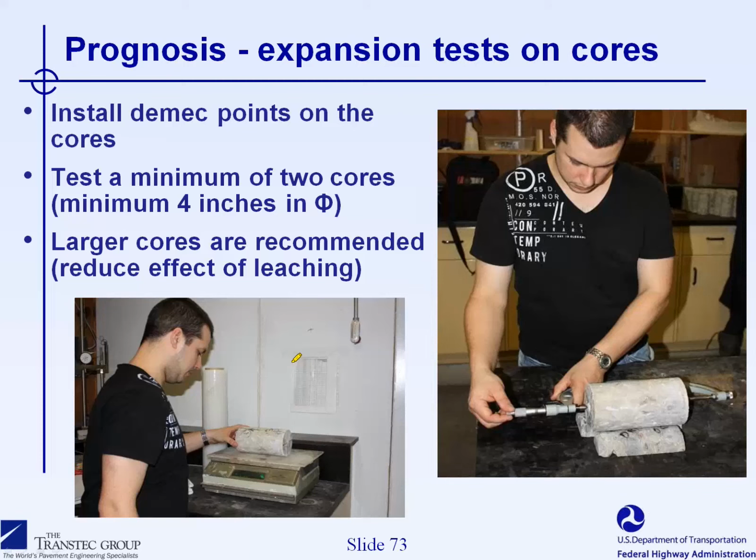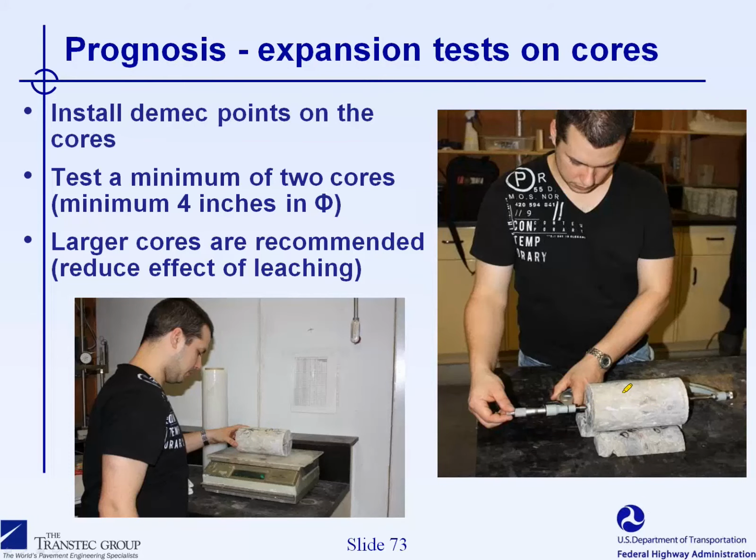A tool that is also being used in different labs for evaluating the potential for future deterioration due to ASR is the expansion test on cores. In this test, cores that are extracted from concrete structures are measured for their dimensions as well as their mass, and the cores are kept in the same condition as for the concrete prism test, 38 degrees Celsius or 100 degrees Fahrenheit and 100% relative humidity.